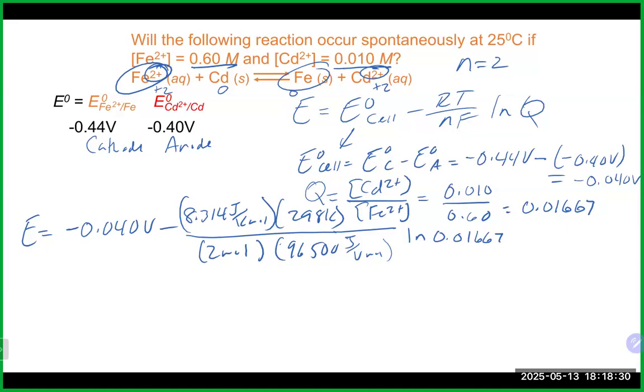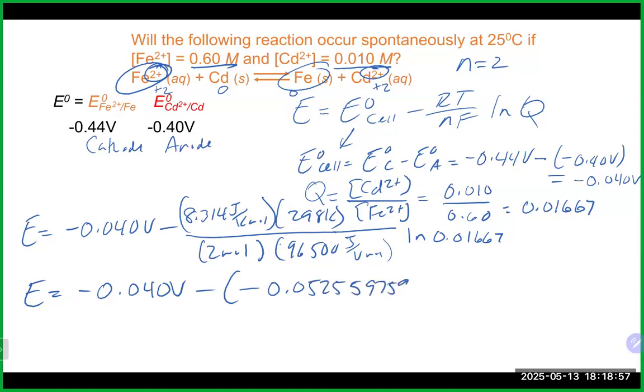All right, I'm going to clean up the right-hand side of the minus. So I'm going to take the natural log of my whole answer there on Q, and then times it by 8.314, times it by 298, hit equals, divided by 2, equals, divided by 96,500 and an equals. And that's going to give us E is equal to minus 0.04 volts minus a minus 0.0525597.